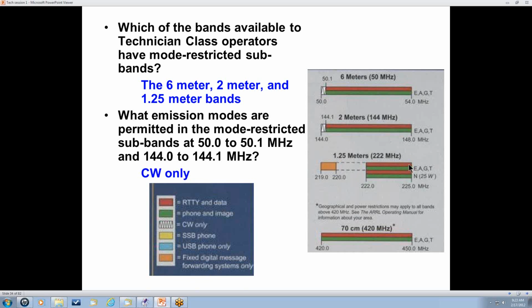And then this portion of the band is available for all modes. Okay. What emission modes are permitted in the mode restricted subbands at 50.0 to 50.1 and 144.0 to 144.1? It's CW only, or Morse code only, as shown by that.